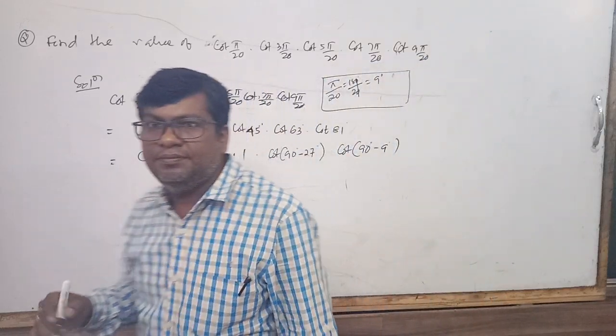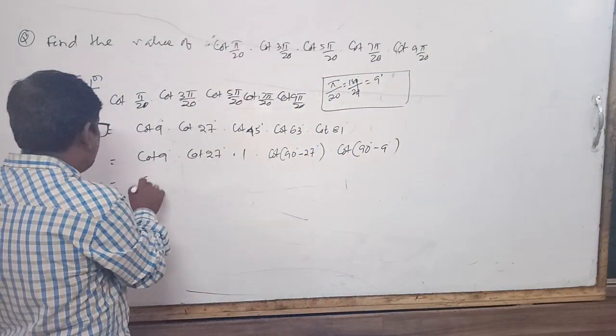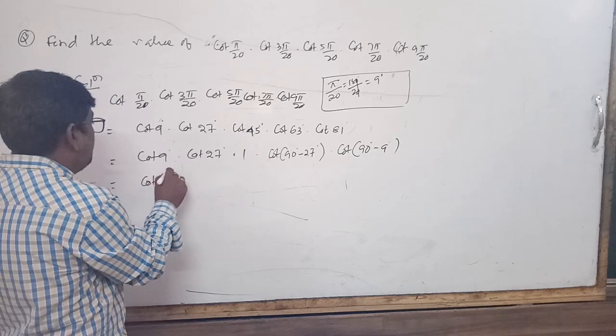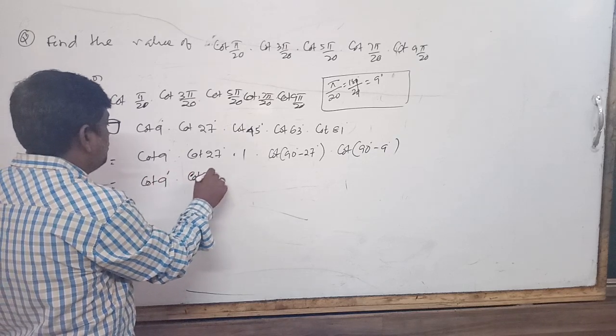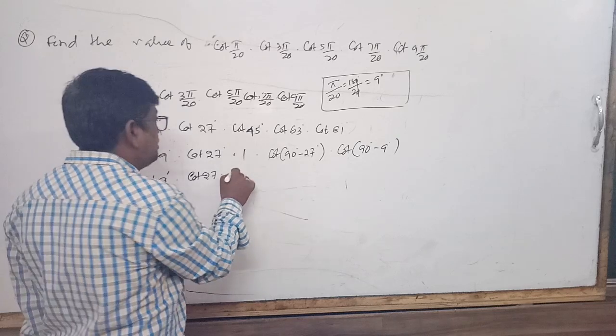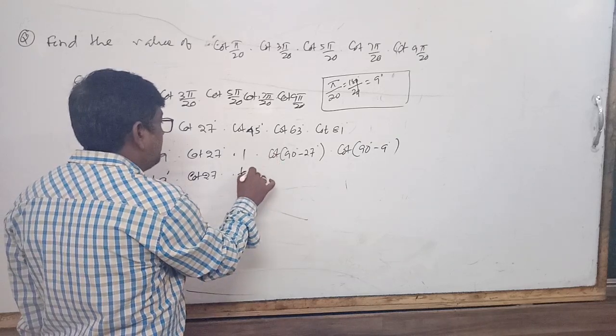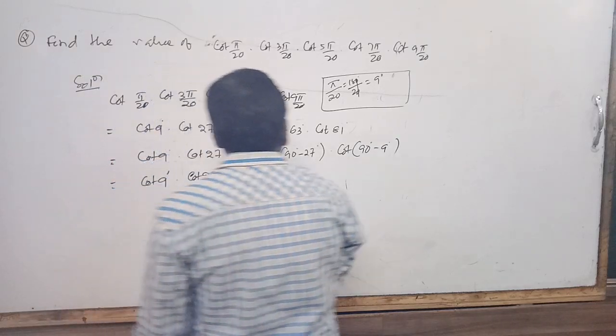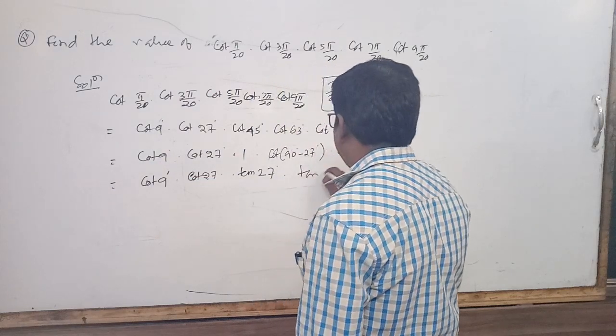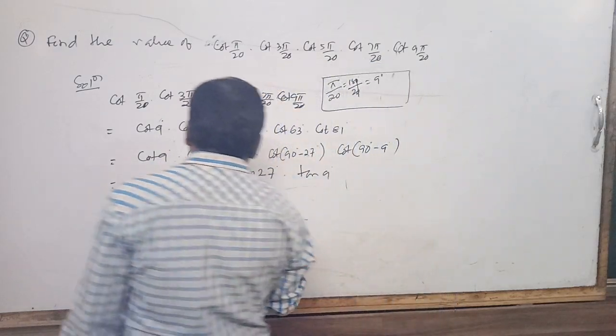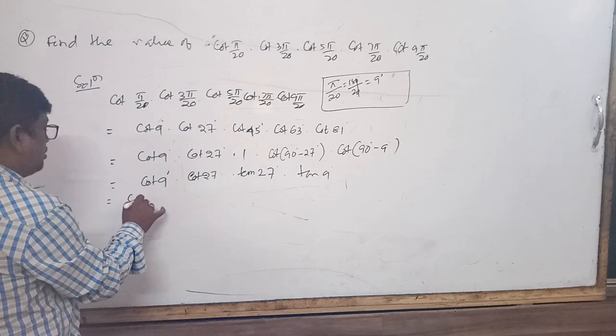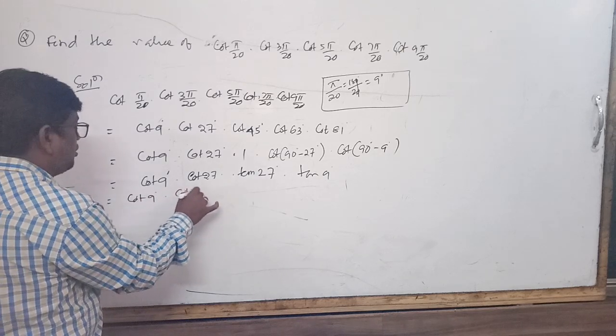This is equal to cot 9 degrees, cot 27 degrees into 1, into tan 27 degrees into tan 9 degrees.